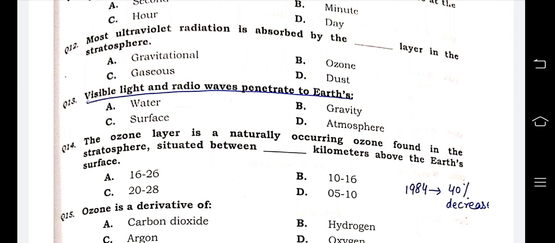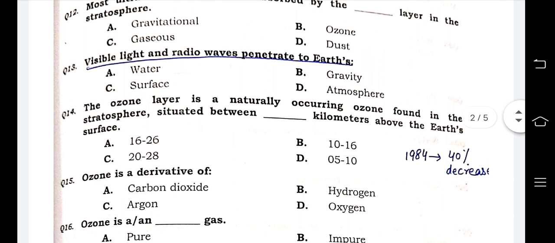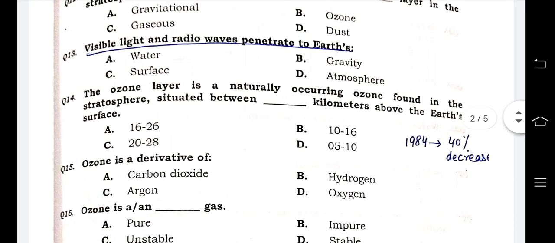So ozone layer is naturally occurring ozone between 10 to 16 kilometers above the Earth's surface. Next question is, ozone is a derivative of: option A carbon dioxide, option B hydrogen, option C argon, and option D oxygen. So ozone is a derivative of oxygen.